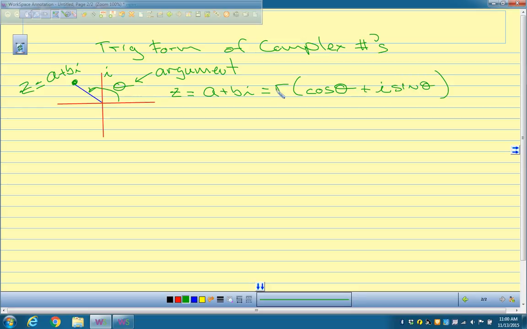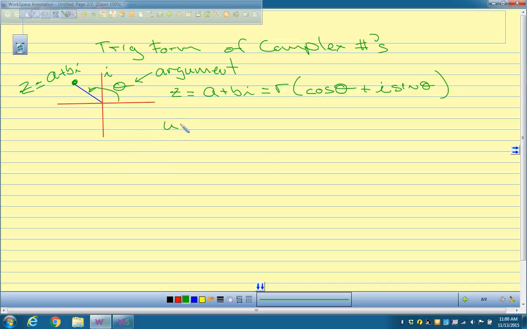Okay? And r times the cosine gives you the real component of your complex number, and i times the sine of the argument times r gives you the imaginary component. Okay? So, questions on that?